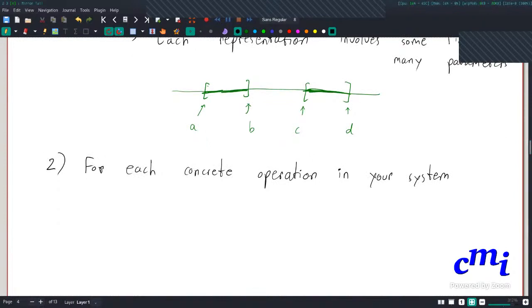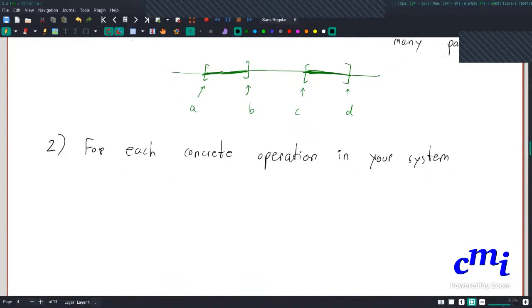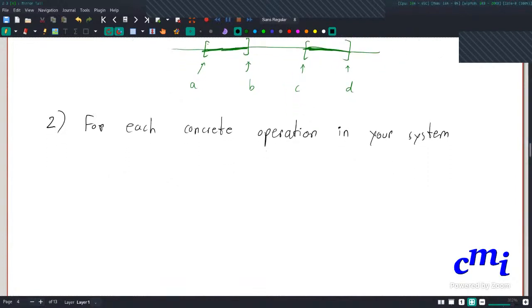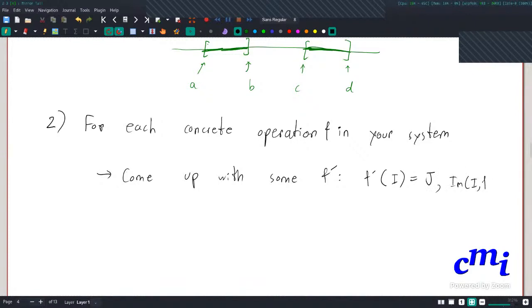Yeah. And for each concrete, I just want to lay out this language and then I can refer back to it in the examples. For each concrete operation in your system, let's say that concrete operation is called F. You will need to come up with some F prime, so that F prime for any one of these abstract sets I is going to be some J, where the image of I under F is contained in J. Okay.